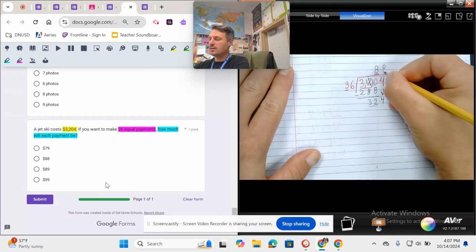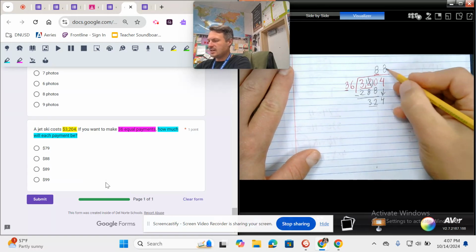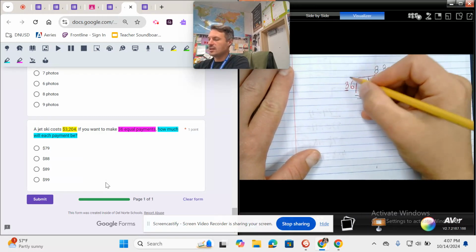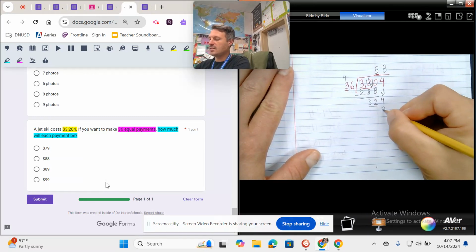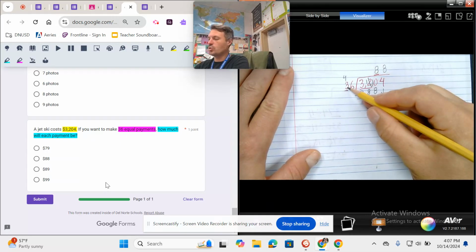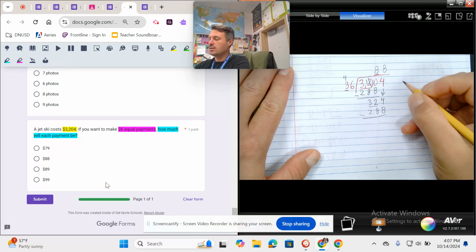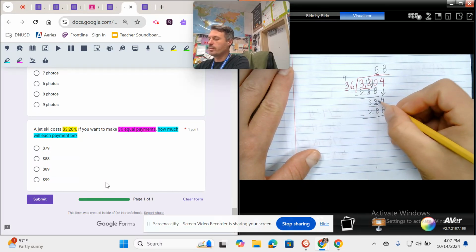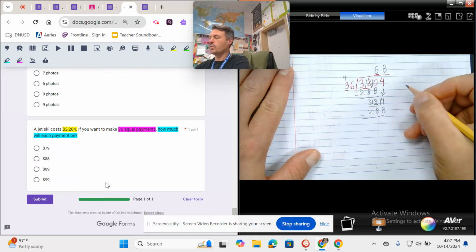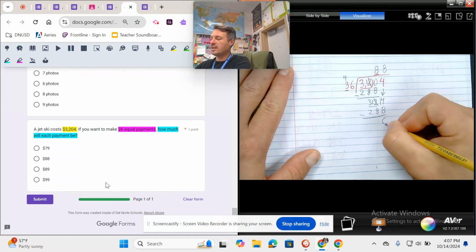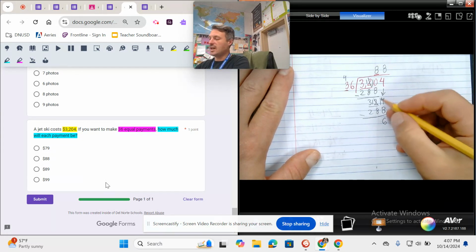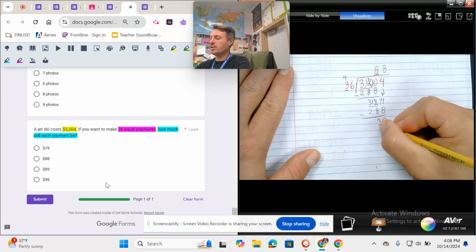So let's try an 8. So 8 times 6 is 48. 8 times 3 is 24, plus 4 is 28. I can't take 8 from 4, so I borrow from the 2, make it a 1, making this 4 a 14. 14 minus 8 is 6, and 31 minus 28 is 3.